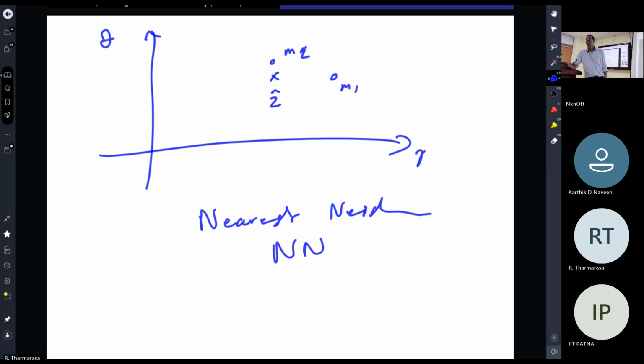M2. Okay, M2. So I'm saying that M2 is not the answer. Then why do you think that is not the answer? Because nearest neighbor is not simply finding the nearest one here. I just want to explain that you say M2 is the nearest, but that is not the nearest. Okay, now let me explain that.